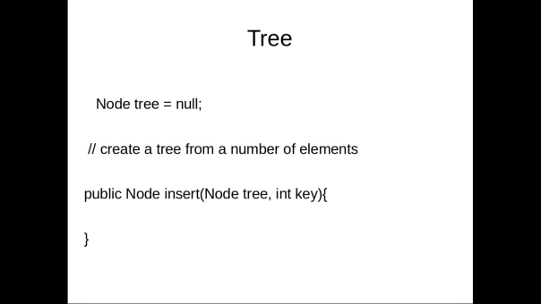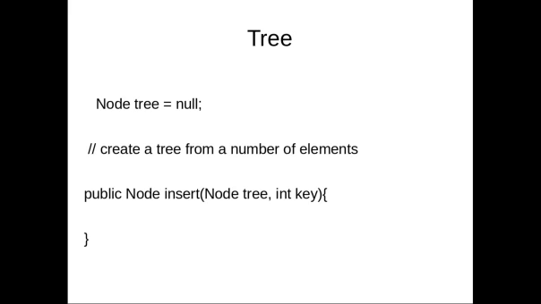How do we get the elements? You can go to the console and input as many key elements as you want, or you can take an array and build a binary search tree from this array. The array will contain key elements of type integer.